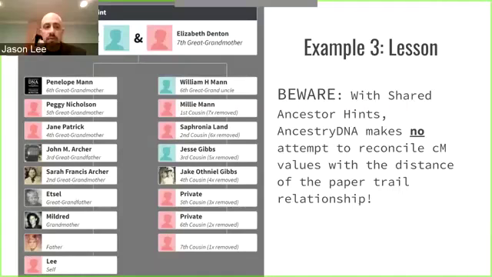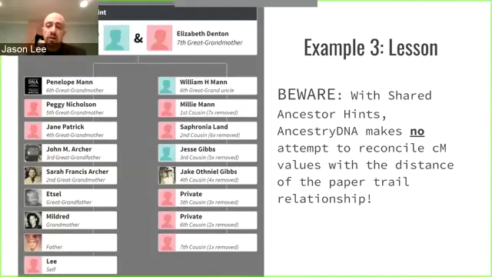But when you have these shared ancestor hints juxtaposed with shared DNA, it's very persuasive, and I think sometimes people forget, not only do we need to verify the paper trail, but we need to scrutinize the DNA trail as well. We need to scrutinize that as carefully, and we really need to be sure that we can put the DNA evidence together with the paper trail evidence in a harmonious marriage.